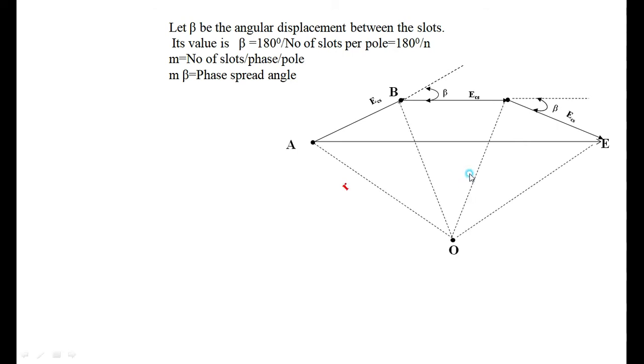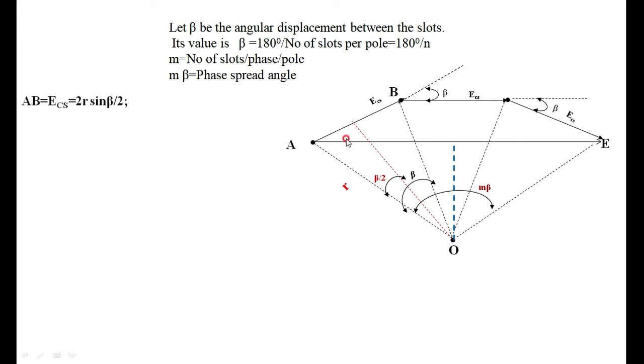Then I made a construction line here, dropping a perpendicular from AB, and I am finding AB in terms of R. I am also dropping a perpendicular from the resultant AE, and once again finding AE in terms of R and M beta by 2.